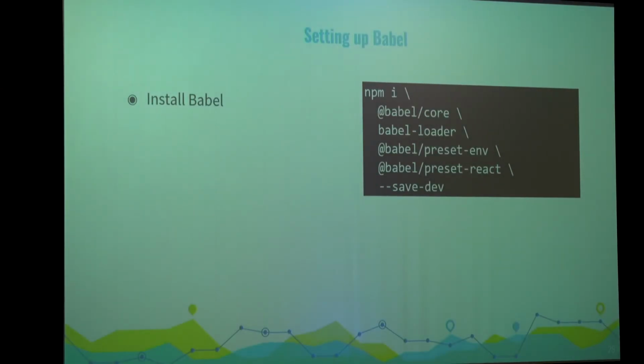So how do we install Babel? It's just 4 lines. Well, it's actually 1 line of code, and you can split it into 4 if you want. First of all, we install the Babel core, the Babel loader, the Babel presets and presets for React. The Babel core is the core of the compiler. Babel loader connects it with Webpack and tells Webpack that you want to transpile this code, how to transpile it and which files to transpile.